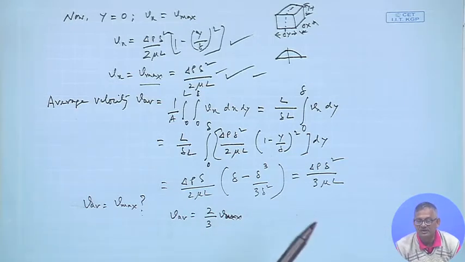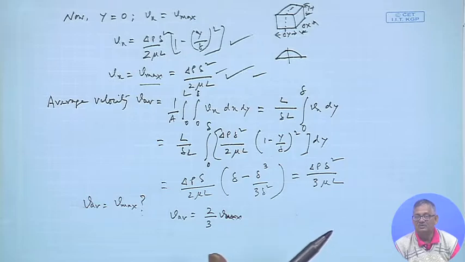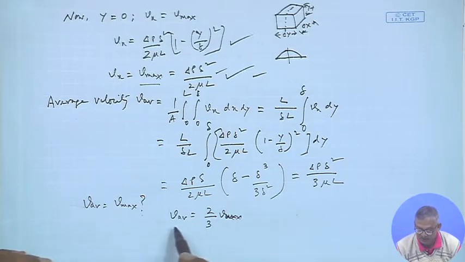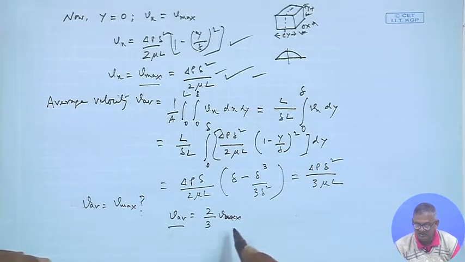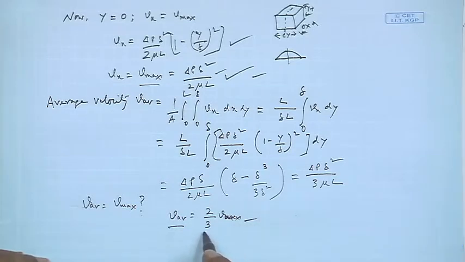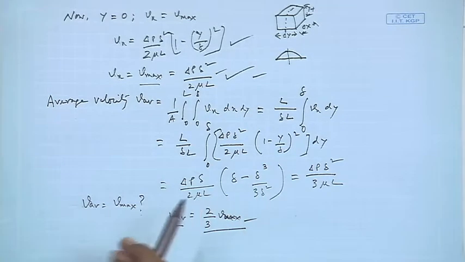So this way we can find the average velocity in terms of maximum velocity, it is 2/3.